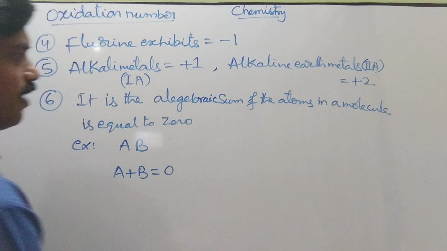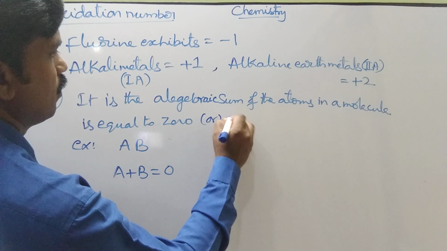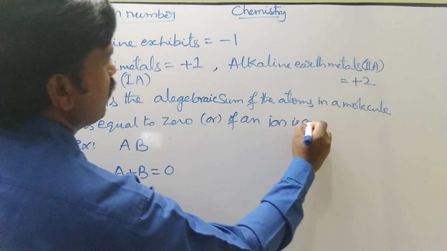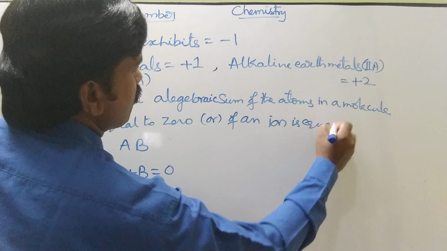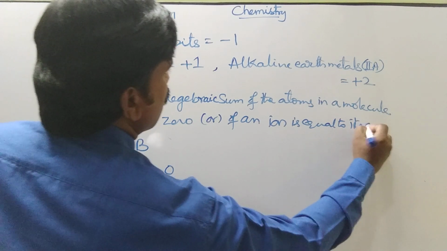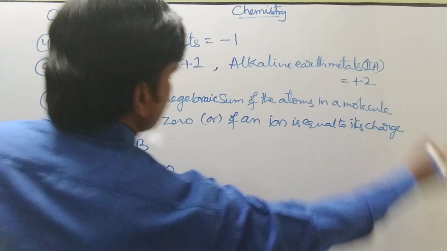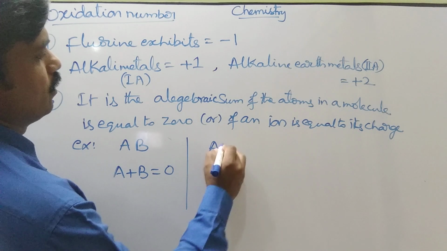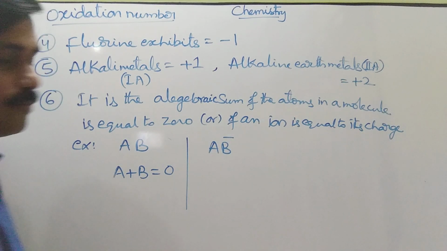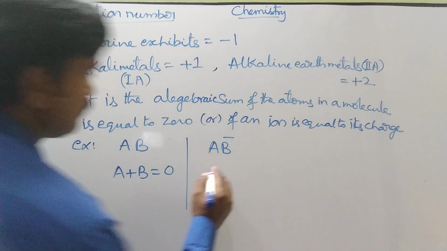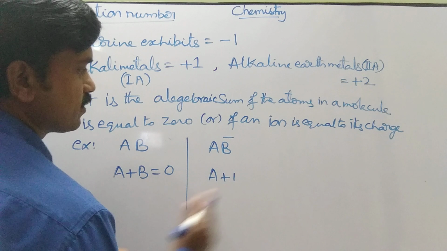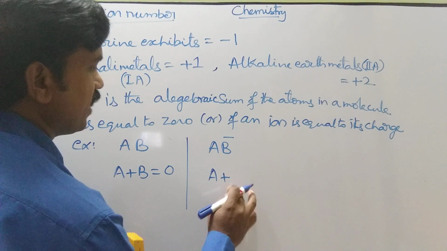Suppose it is an ion, then the sum of the oxidation states of an ion is equal to its charge. Let's take one more example. Suppose AB minus is given. Here AB minus means A plus B, and the charge of the ion is -1.